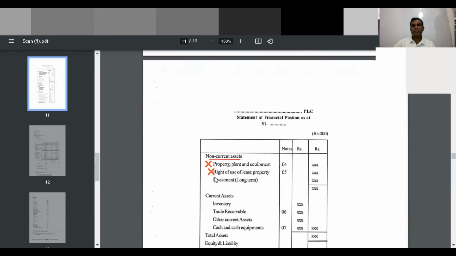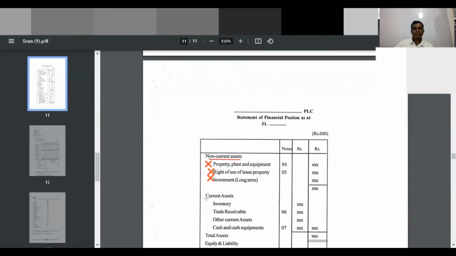Investments maybe, any other, you see, long-term investment. Now there is a special note on property, plant and equipment, that is number 4. 401, you can take it as disclosure 1, no matter. Disclosure 1. Right of use, leased property, that is number 2, D2. Investment, long term.